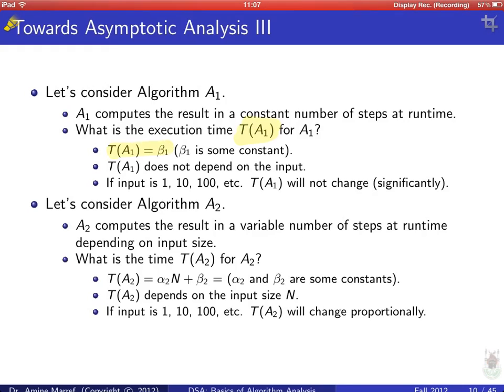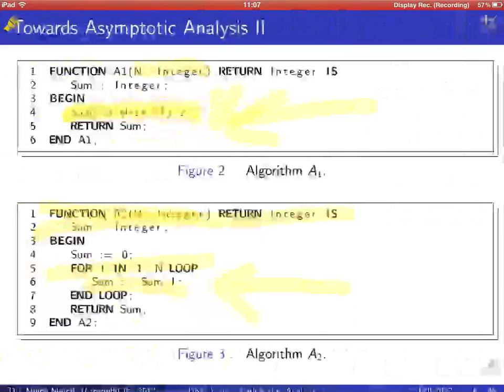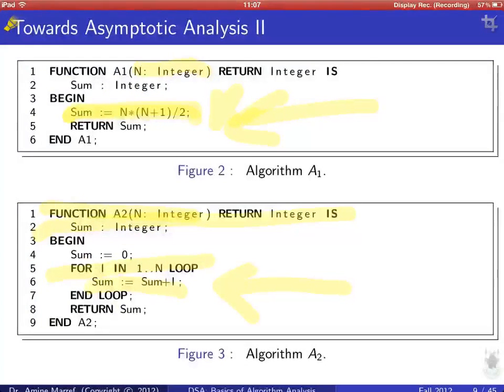This has the equation t of A1 equals beta 1, and this one has got t of A2 equals alpha 2 times n plus beta 2.